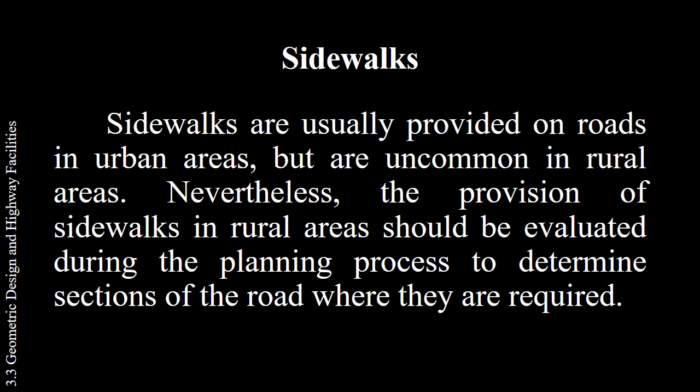Sidewalks are usually provided on roads in urban areas but are uncommon in rural areas. Nevertheless, the provision of sidewalks in rural areas should be evaluated during the planning process to determine sections of the road where they are needed.